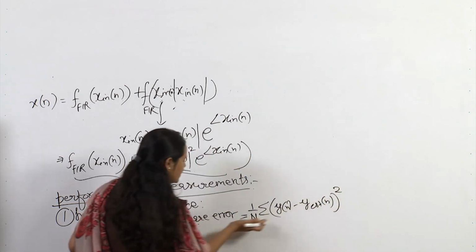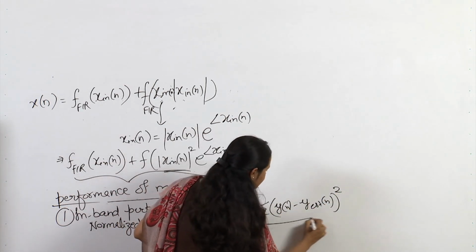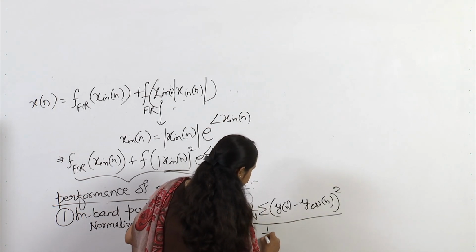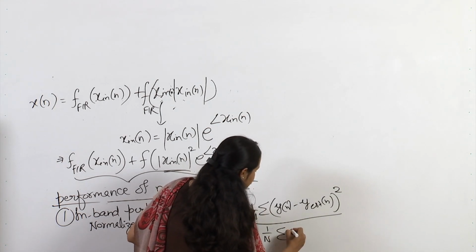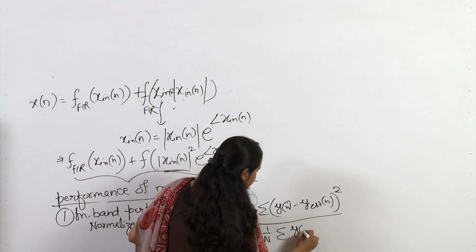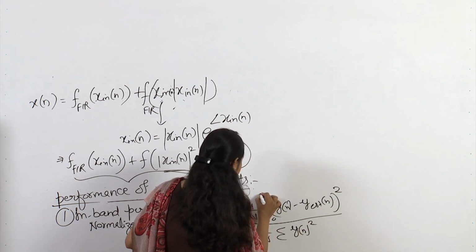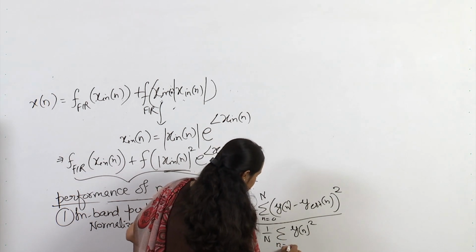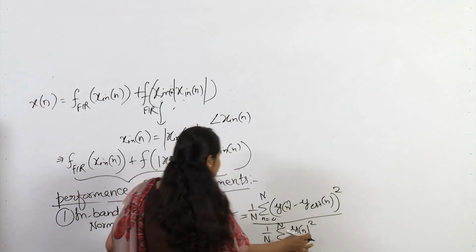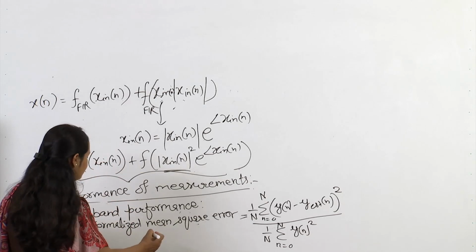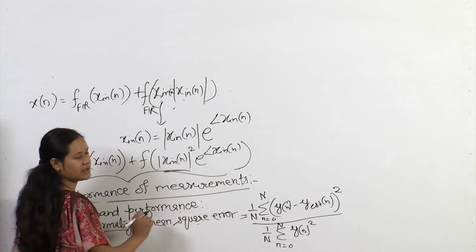So, it is mean square error, and when it is divided by its actual output at that time, then it is called normalized mean square error.